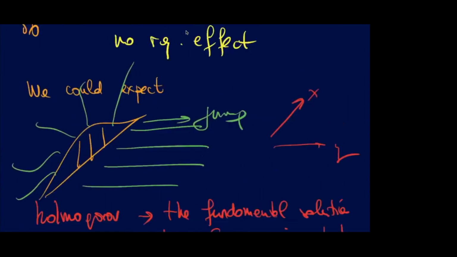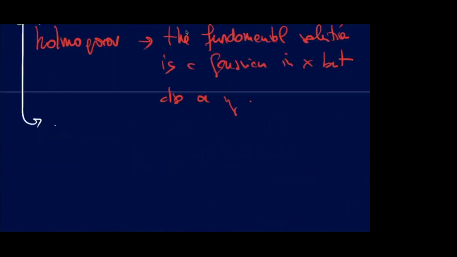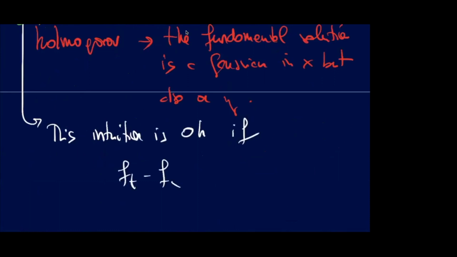So our intuition, this very basic intuition, is okay if I consider this model. In this case, this intuition is correct. This is parabolic in X, regularizing in X, transport in Y, no regularization at all.